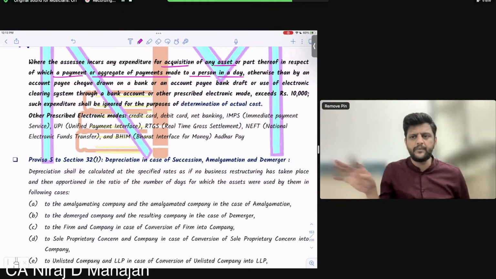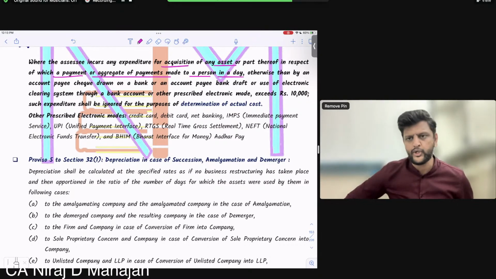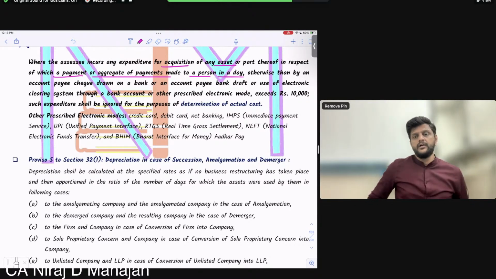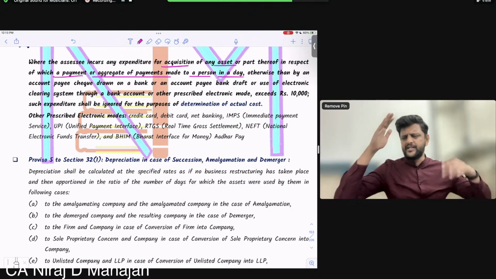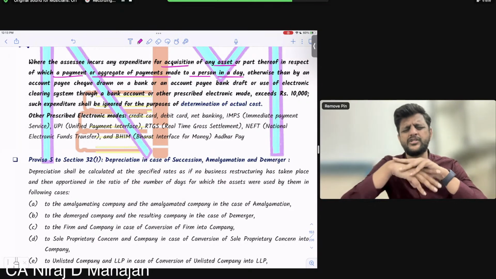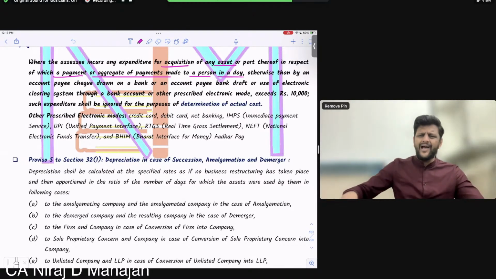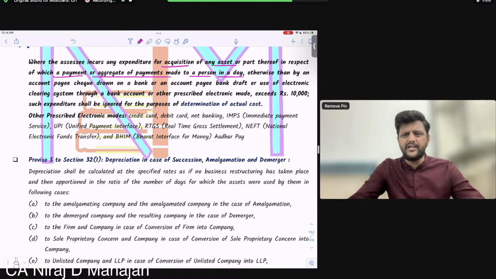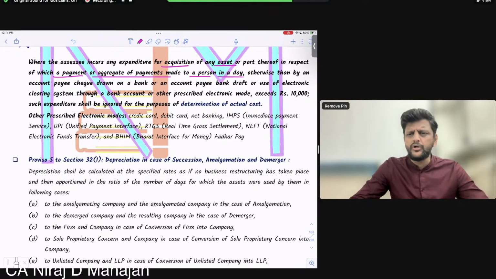Payment can be one payment or multiple payments, but what is singular compulsorily? The recipient is singular. There is seller, there is buyer. Your assessee is buyer of the asset. So buyer is giving the money to the seller, either in one single stroke or in installments.